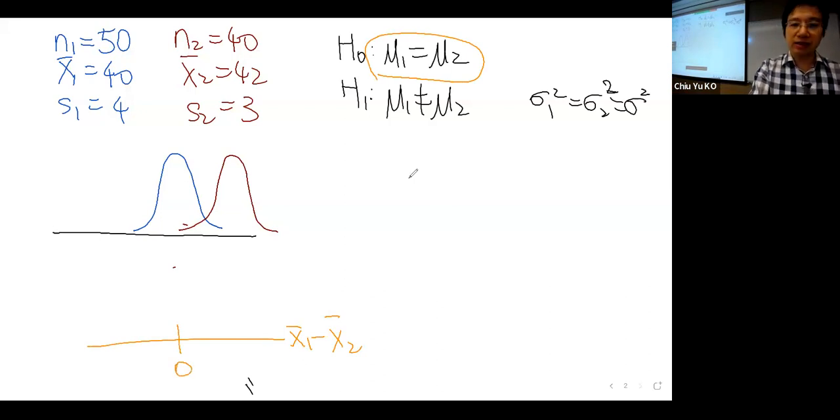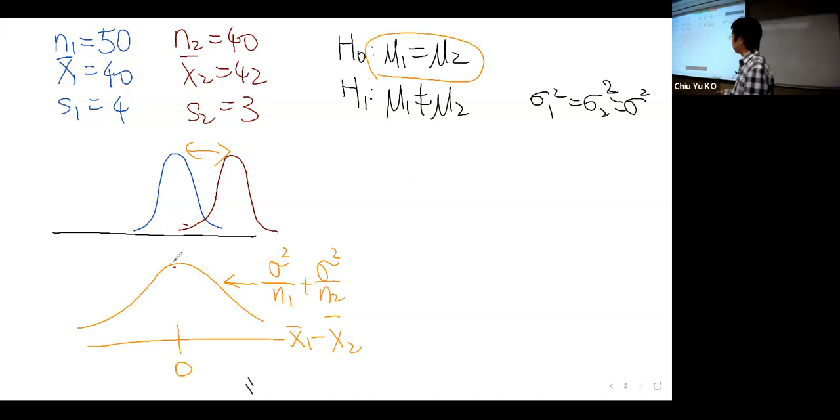Because under this, they are located at the same location. So the difference of the two bells will be a bell again, located here, and the variance according to the formula will be sigma square over n1 plus sigma square over n2. That is because you add up the two variances.